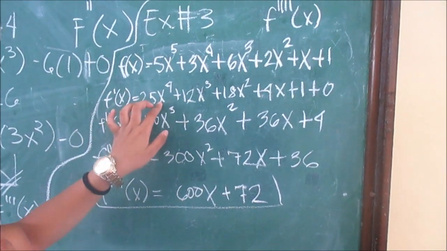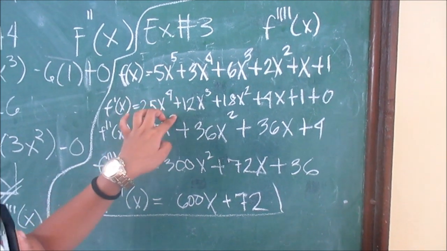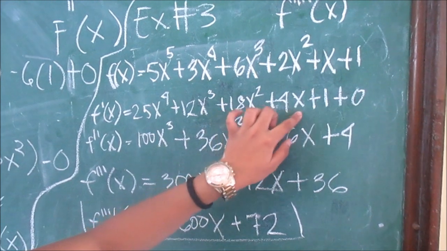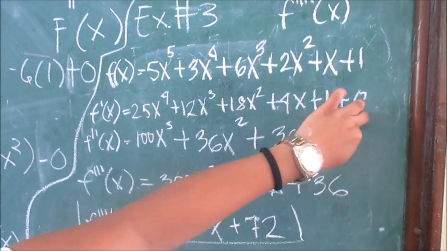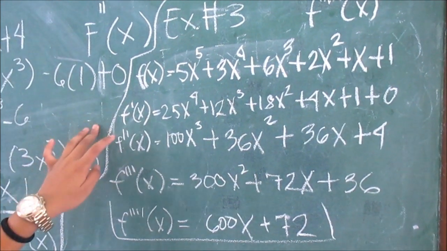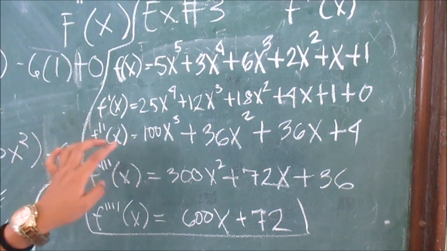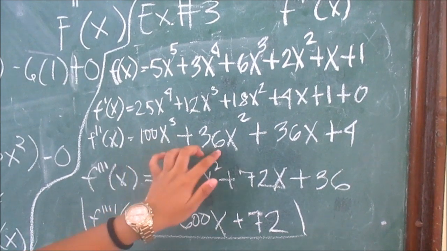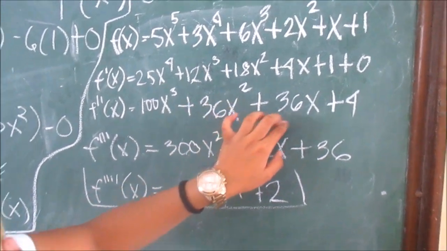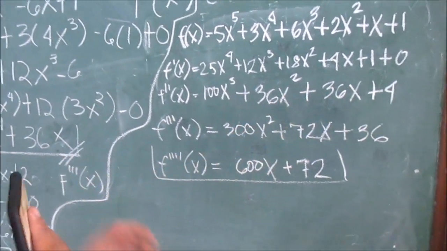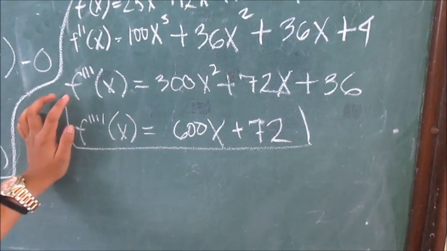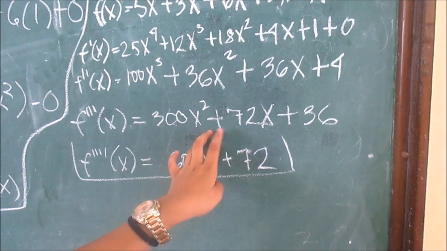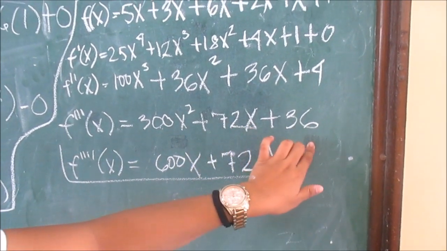So 25x raised to the power of 4 plus 12x cubed plus 18x squared plus 14x plus 1 plus 0. So let's proceed to get the second derivative. So the second derivative is 100x cubed plus 30x squared plus 36x plus 4. Let's proceed to third derivative. So 300x squared plus 72x plus 36.